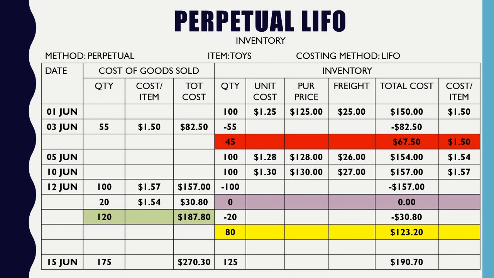And now we can go ahead and move forward, right? Pretty straightforward. We've learned this concept again, except now we're calculating it differently. That's all it is. The information is all the same. It's just the way that you're calculating the end result. Okay? All right, any questions in regards to LIFO?